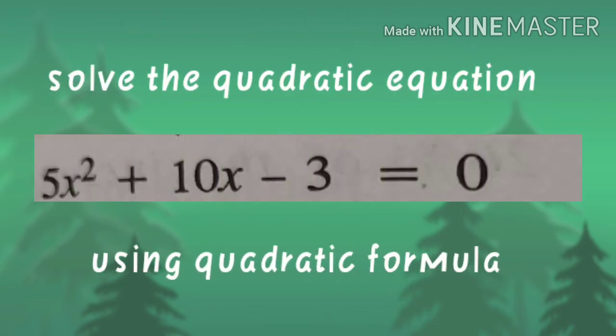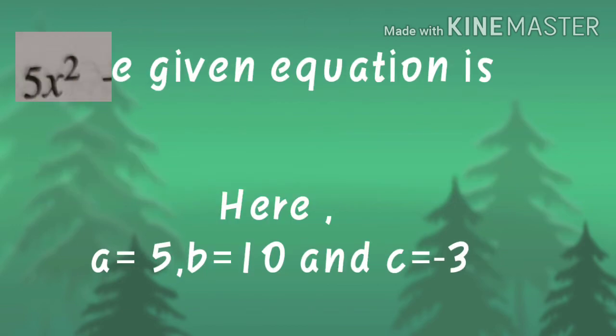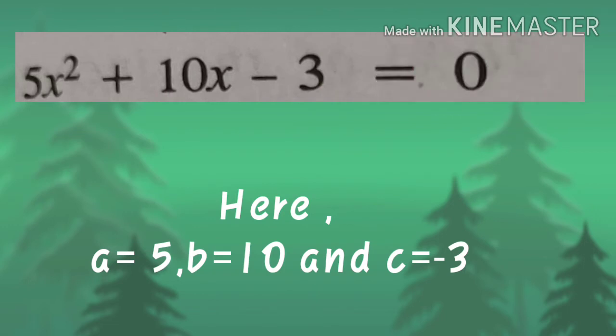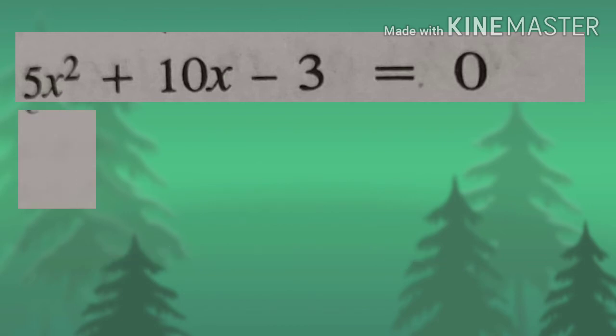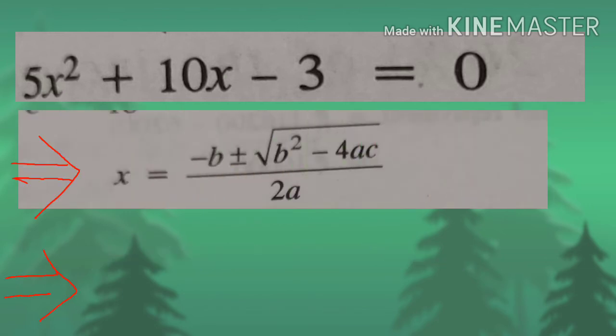Now let's solve the quadratic equation 5x square plus 10x minus 3 is equal to 0 using the quadratic formula. Here a is equal to 5, b is equal to 10 and c is equal to minus 3. Therefore, x is equal to minus b plus or minus square root of b square minus 4ac whole divided by 2a.